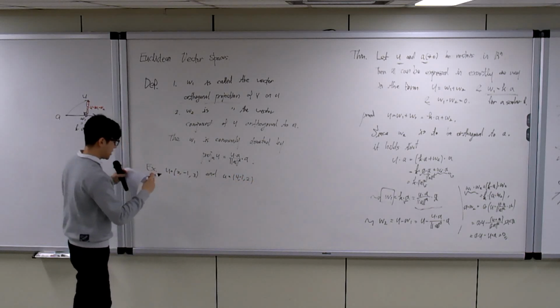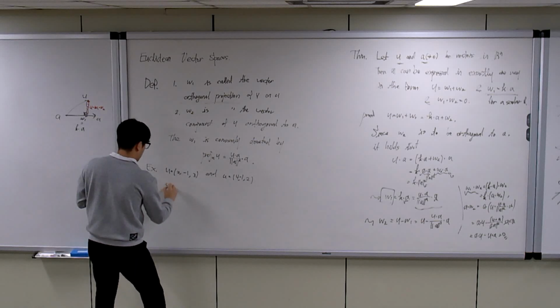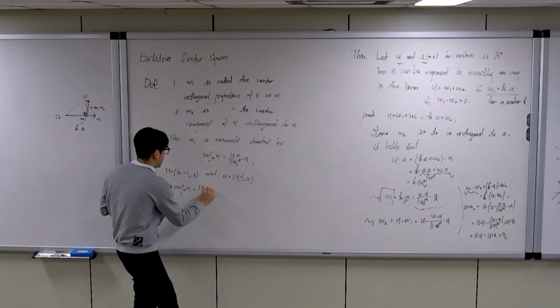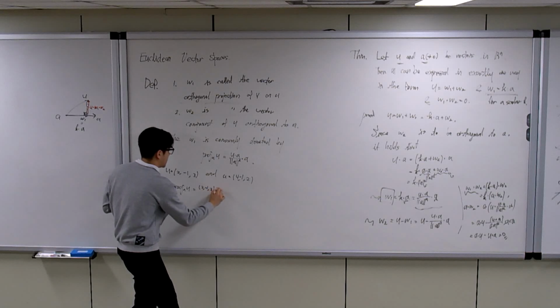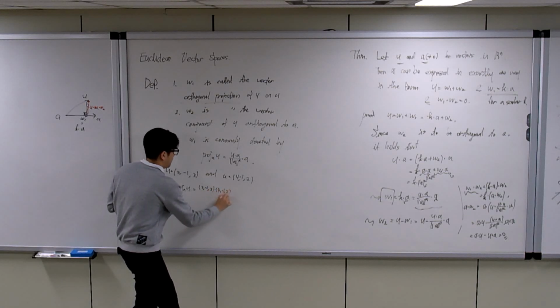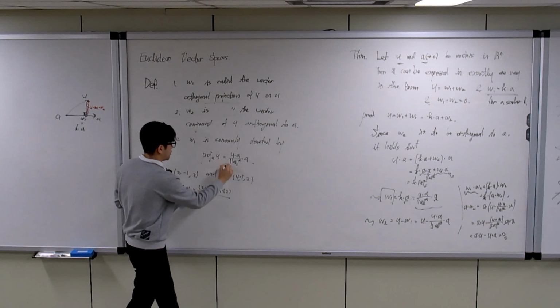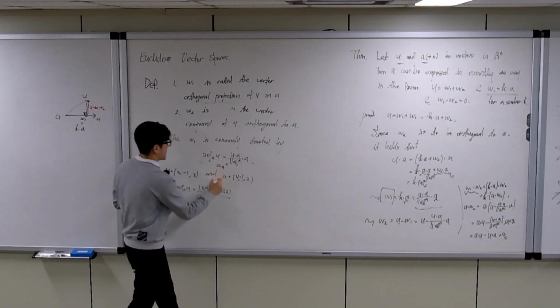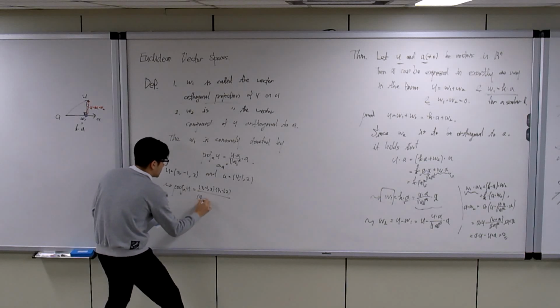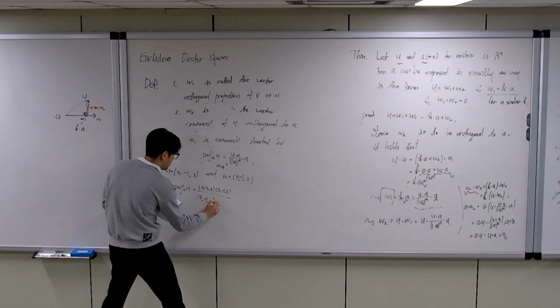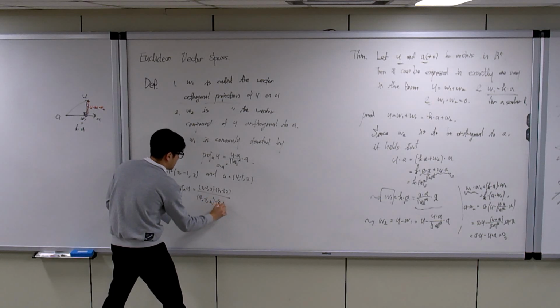In this case, we can calculate the projection of u on a by calculating u dot product a over the norm of a squared, which is a dot a, times (4, -1, 2).